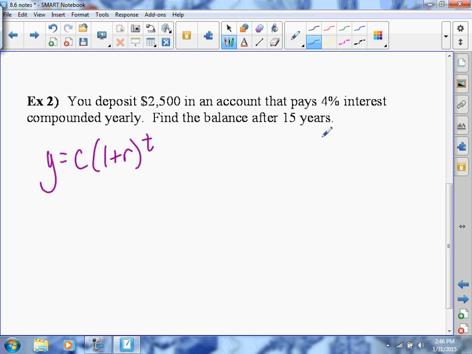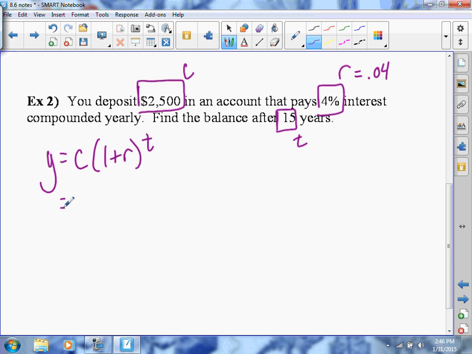So we've got some key pieces of information here. We've got our 2,500, that's our initial amount. We've got our 4%, which is going to be our rate. So that's my C, this is my R, and then I've got the 15, which is going to be my time. But remember, this rate is 4%, so I'm really going to turn it into 0.04 as a decimal.